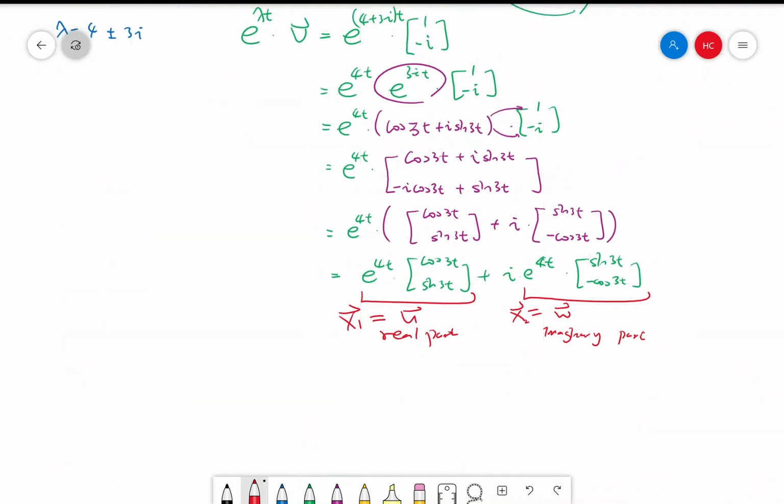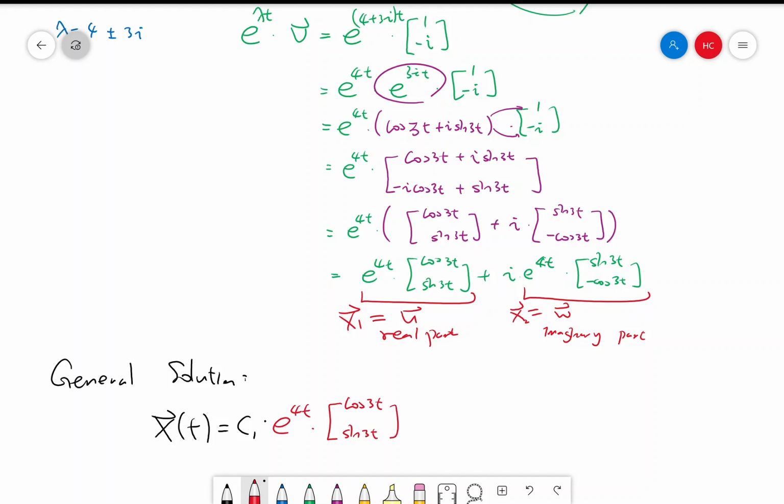So the general solution is x of t equal to c1 times x1, which is e to the 4t times cosine 3t, sine 3t, plus c2 times w, which is e to the 4t times sine 3t, negative cosine 3t.